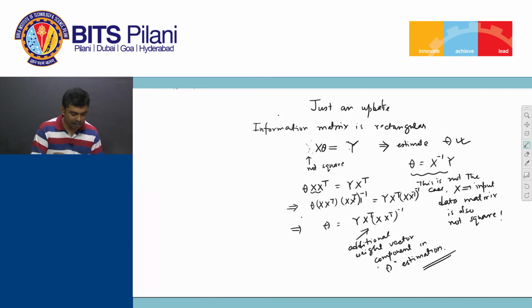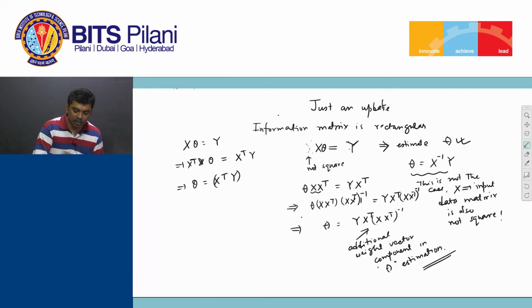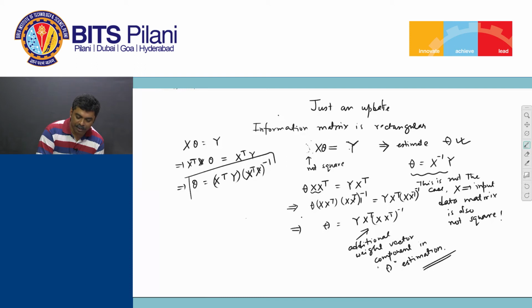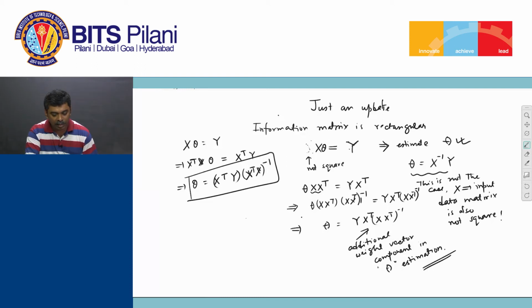Let me do this in a fresh way. x theta equals y, and therefore x transpose x theta equals x transpose y, and therefore theta is x transpose y multiplied by the inverse of x transpose x on the right. That will get you your parameter estimations, and this is known as a pseudo inverse operator.